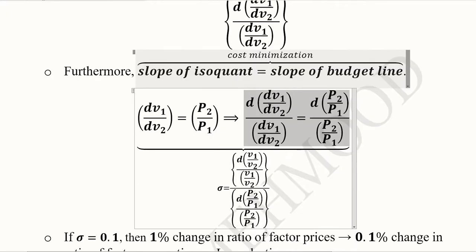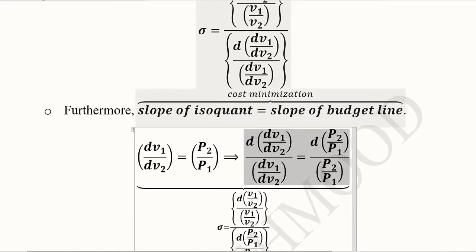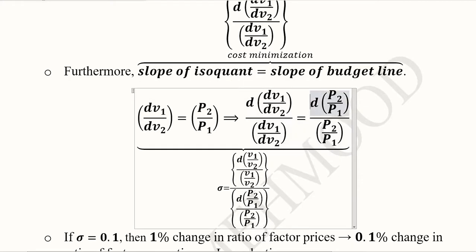So considering this situation, I can write this value instead of this, and here this is the value that should be replaced. So in the denominator I'm going to use not the slope of the isoquant term, instead the slope of the budget line term, which is this.